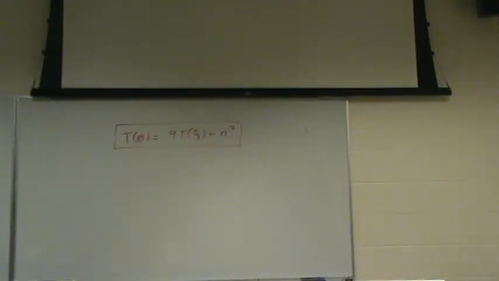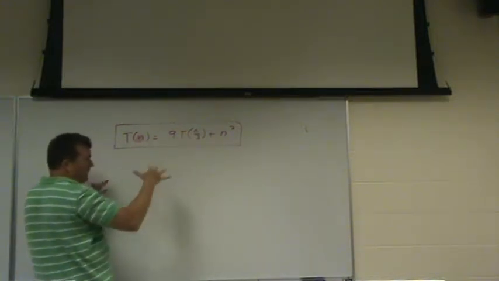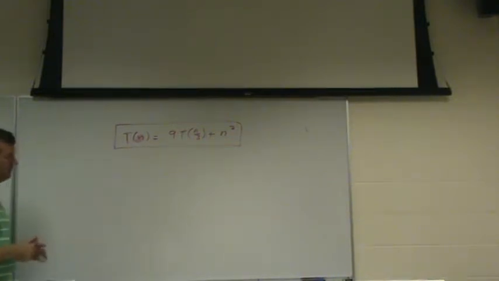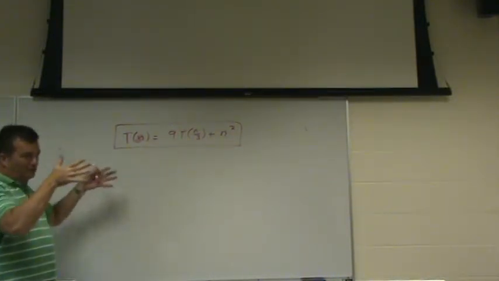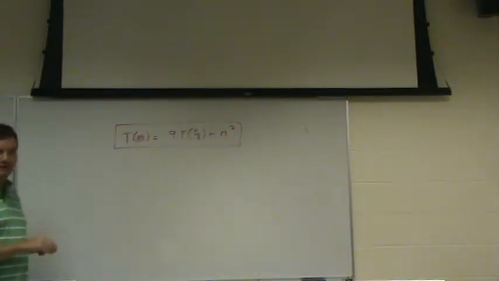let's say our algorithm is basically calling itself 9 times. Every pass it calls itself 9 times, but it sends in 1/3 of the original data. Then, after those 9 calls are made, it does something that has a running time of n squared.